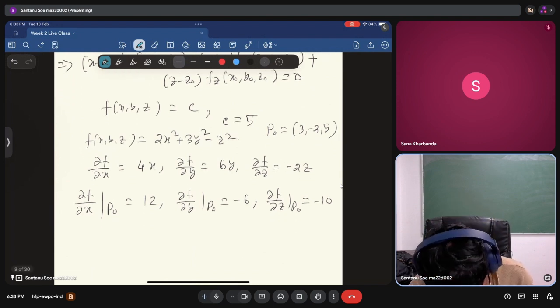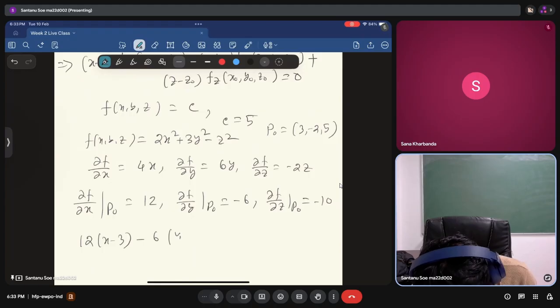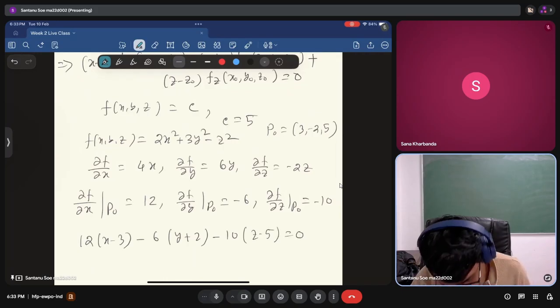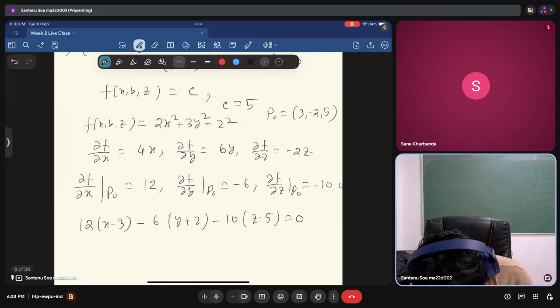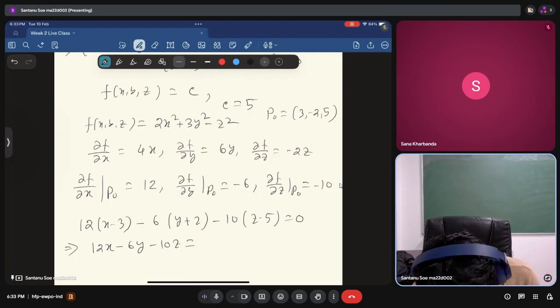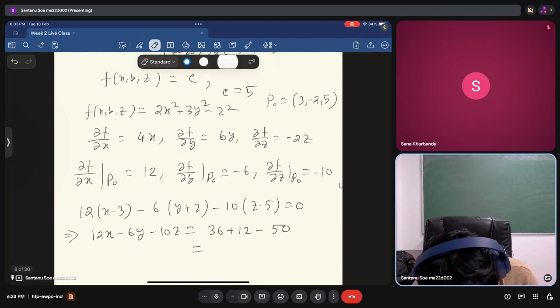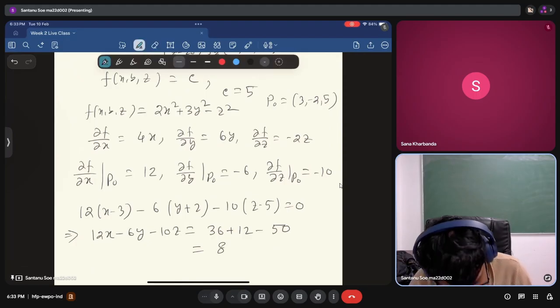So the equation of the tangent plane will be 12 times (x minus 3) minus 6 times (y plus 2) minus 10 times (z minus 5) equals 0. So if you simplify, it's going to be 12x minus 6y minus 10z equals 36 plus 12 minus 50. So this is going to be 8.